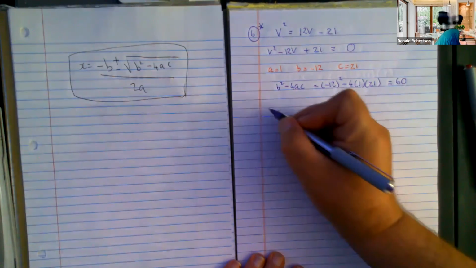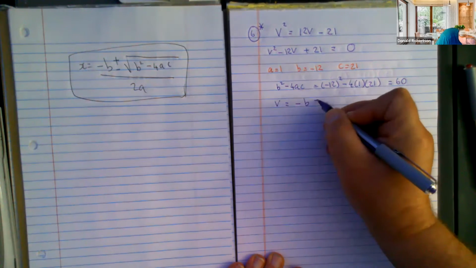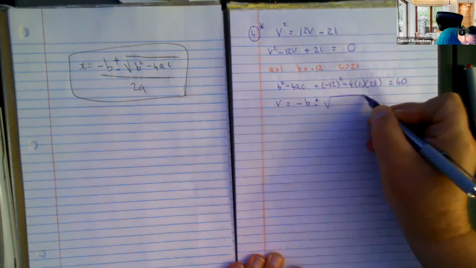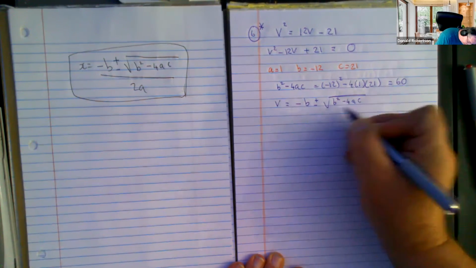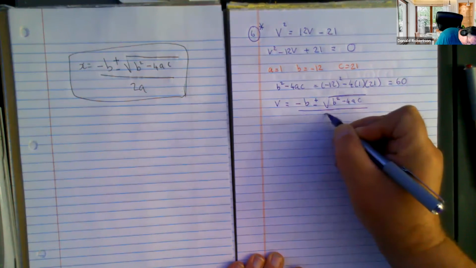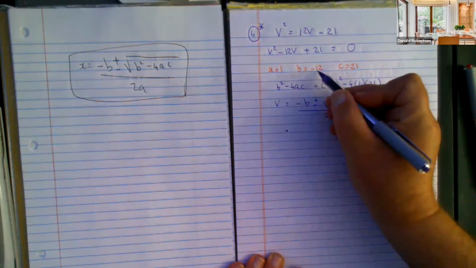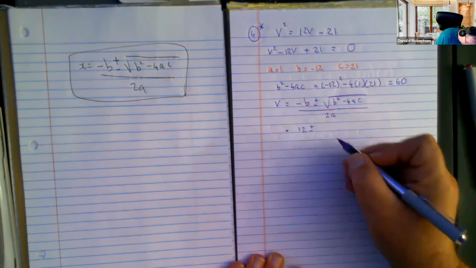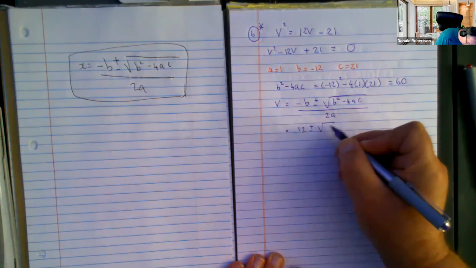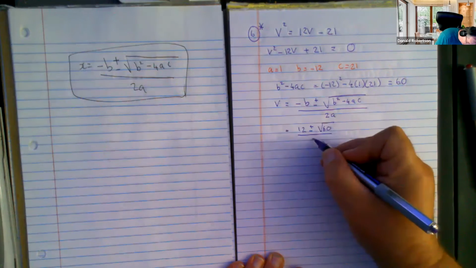Our quadratic formula then, V is going to be negative B plus or minus the square root of B squared, take away 4ac, all divided by 2a. It's going to be the negative of negative 12, which is 12, plus or minus the square root of that term, 60, and all divided by 2 times 1, which is 2.